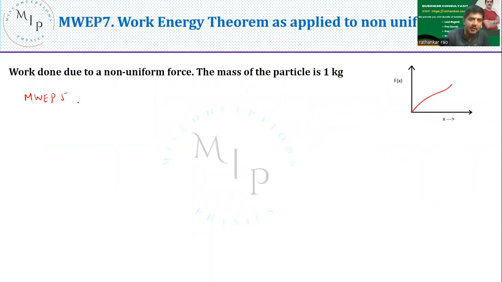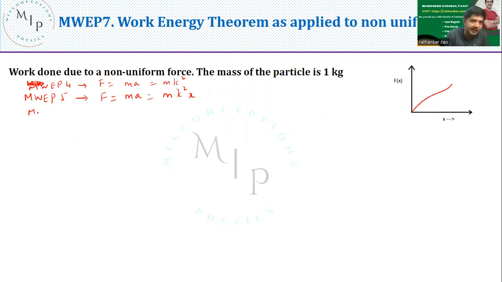In MWEP5, we have written F is equal to m into a, which is nothing but m k square x. That's what we had got there. The fourth video also, I will write it down, it's better to get a comparison. MWEP4, we got F is equal to ma, and this was seen to be m k square.